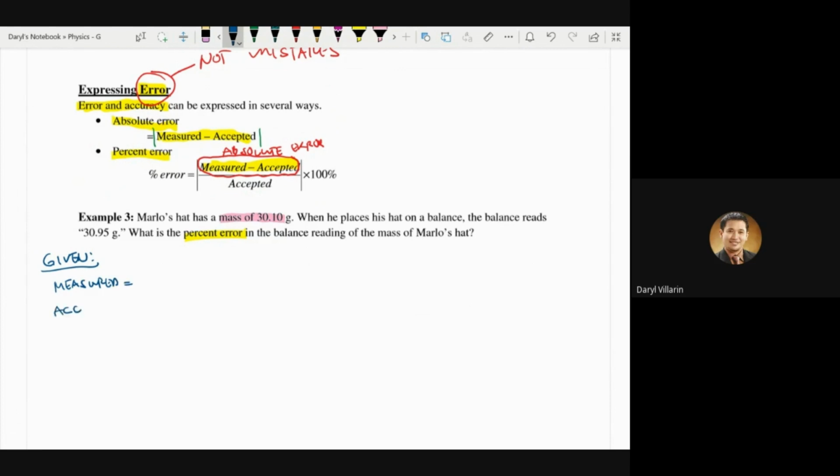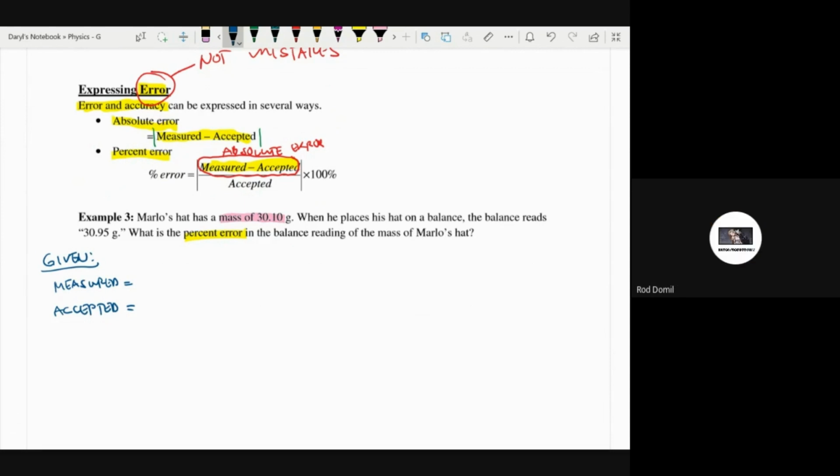Although in this case, when you compute, it doesn't really affect the final result, it's also good for you to identify which is which. So what is that 30.10 grams? Is it the accepted or the measured? Anyone? 30.10, is that your measured or is that your accepted?